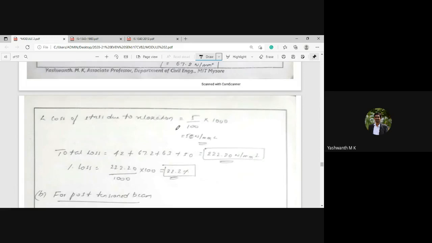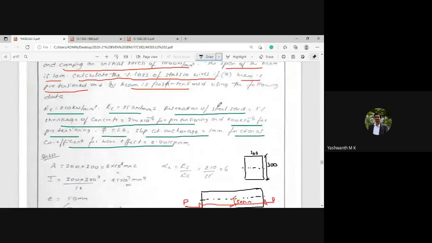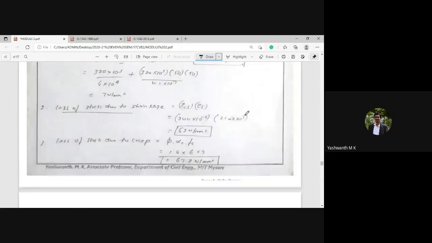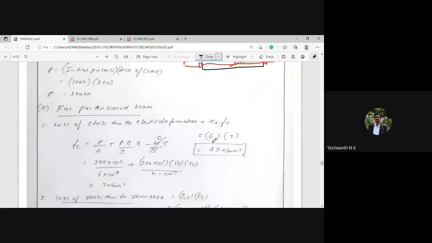Next, loss of stress due to relaxation. As I stated, loss of stress due to relaxation is going to be mentioned in percentages. You can see in the problem, the relaxation of steel stress is equal to 5%. Since it is in percentages, let us convert into Newton per millimeter square. That is 5 divided by 100 multiplied by 1000. Where did you get this 1000?